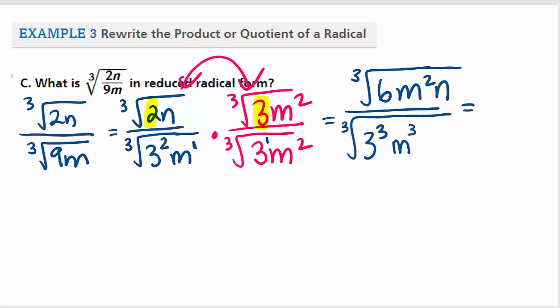So in the denominator, that cubed root and cube will cancel, and the cubed root and the cube will cancel. In the numerator, there's nothing to cancel. We don't have any factors of 6, we don't have 3 m's, and we don't have 3 n's. So the numerator will stay the same.